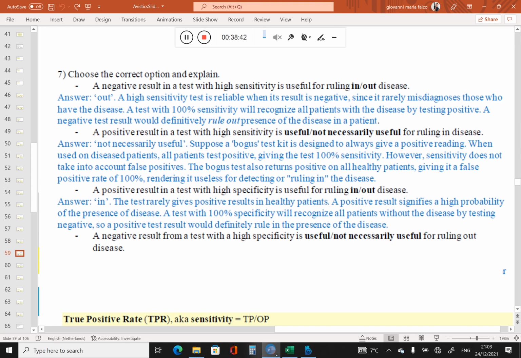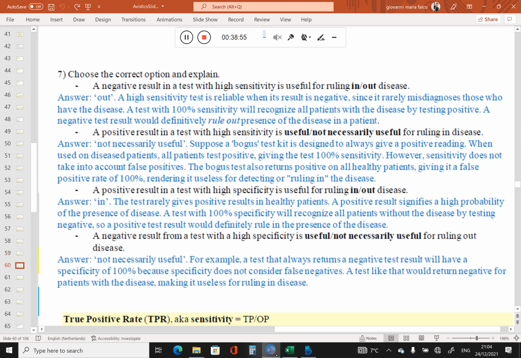And what about the last possibility, if I have a test with high specificity and I get a negative result? Is this useful or not necessarily useful? Basically, it is like the second case of the sensitivity: not necessarily useful, because here we can also consider a test which always returns a negative result.